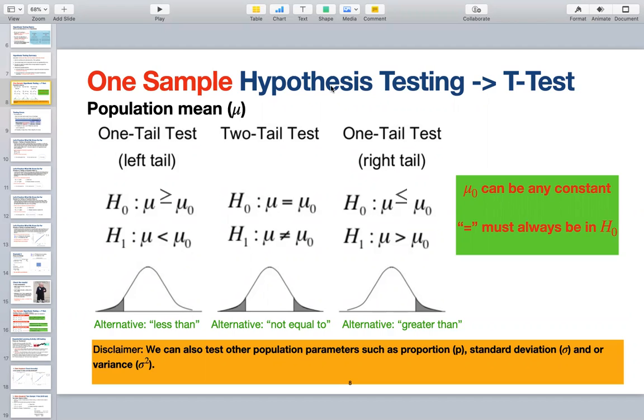For example, if you are interested in testing a population mean, based on a specific sample that you get from that population, that would fit into one sample tests, okay? The example that I gave in the previous video was about making a claim on the average height of Florida Southern College students.